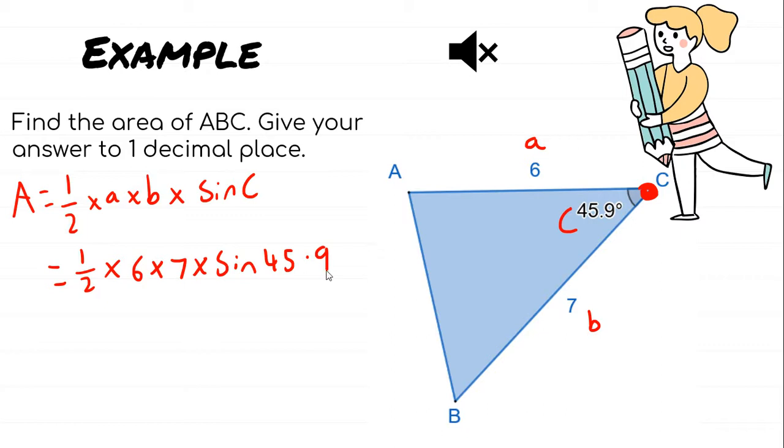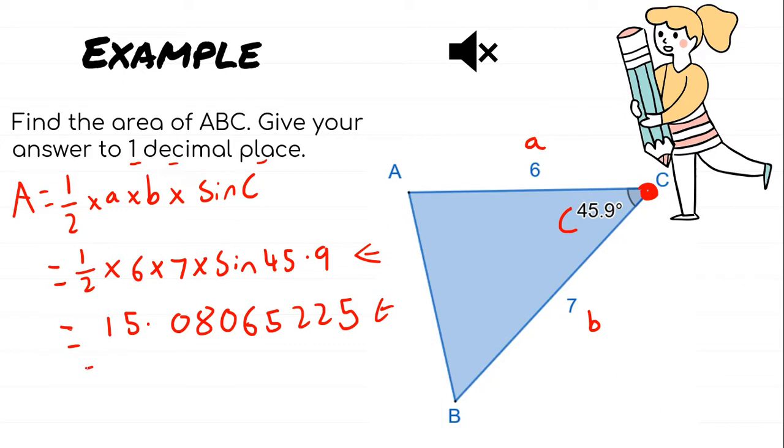All I've done there is substitute those values. We're going to use a calculator for this because we're using the sine function. If you type that in, what you'll get on your calculator screen is this. Do try this example along with me to check that you're getting the right answer. If you get this on your calculator, it means you've typed it in correctly. The question says 1 decimal place, so we'll round this to 1 decimal place.